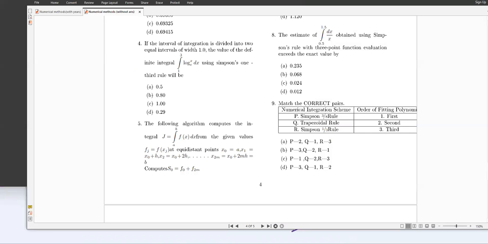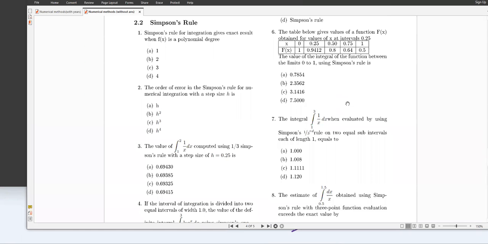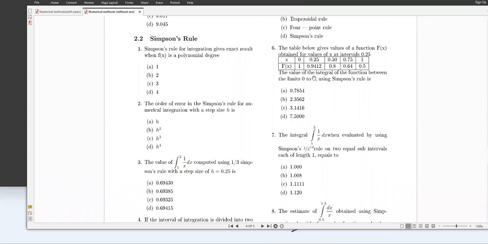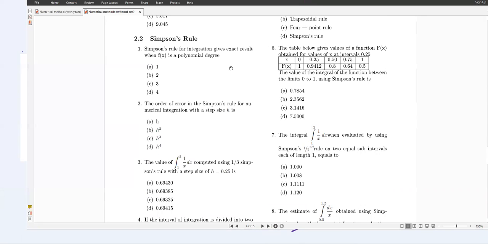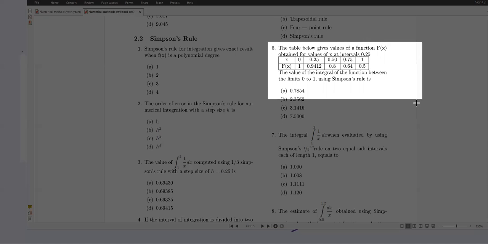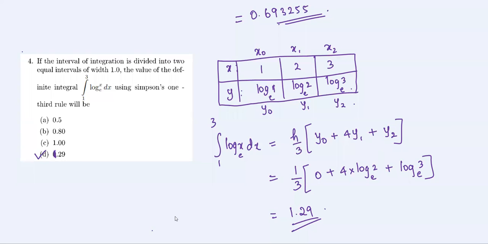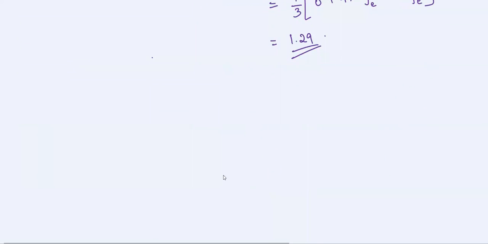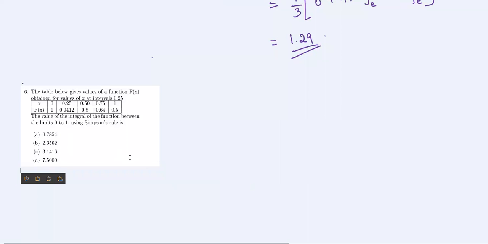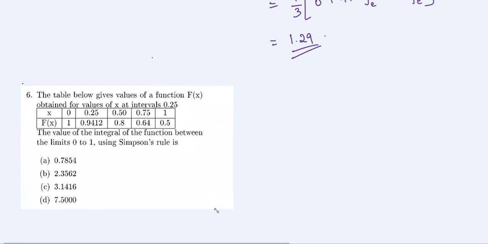Last one, last problem for the day. So Simpson's 1/3 rule.